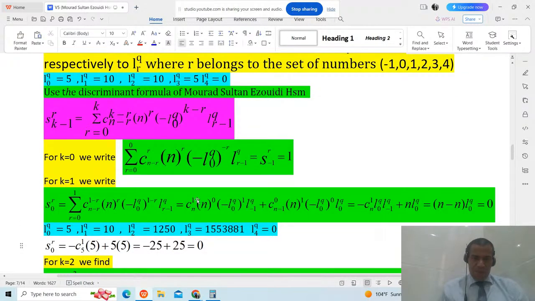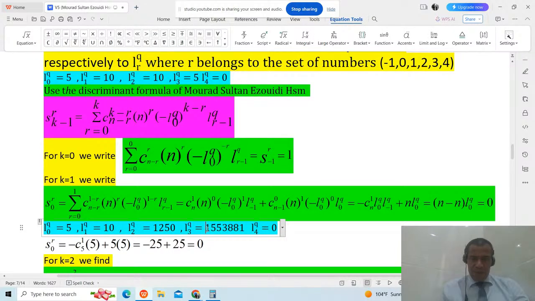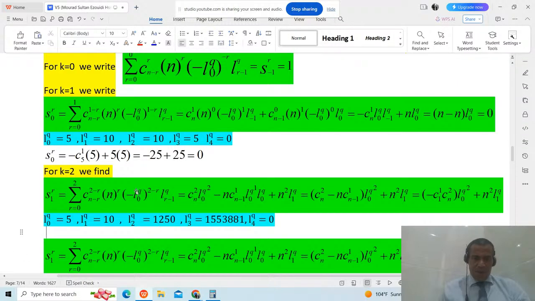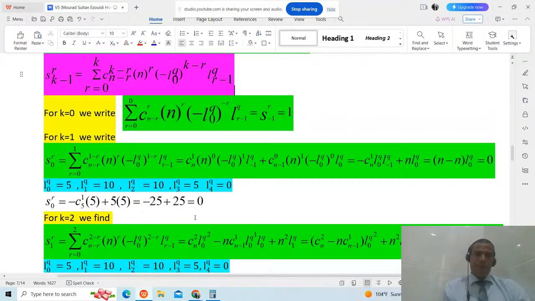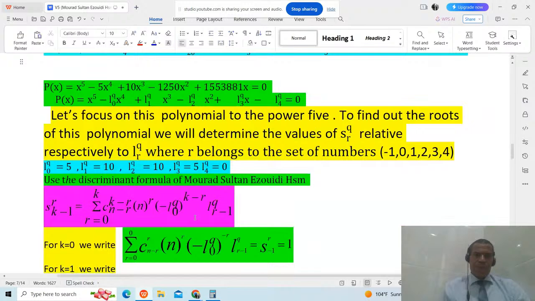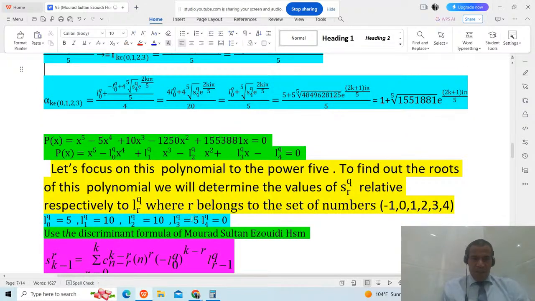This is 5, this is 10. 10 also. This is 5. Okay, go back. Yes.